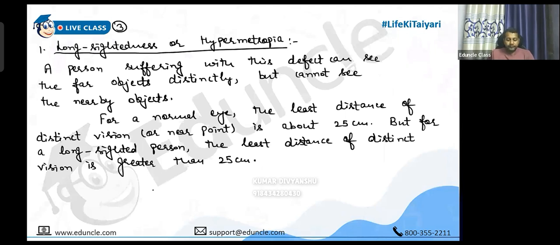Okay. And let me show you with the help of a diagram. Let me make the diagram on the next slide. First of all, let me tell you about the causes.